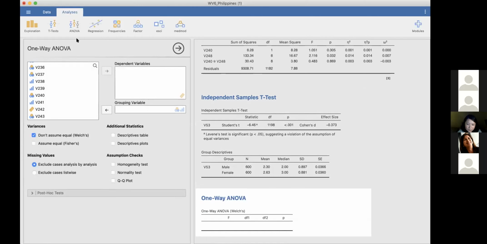Same. Question lang. Go. How do you determine what's the cutoff for each effect size, whether it's a large, medium, or small effect? Okay, so si Cohen, meron siyang binigay na suggestion on effect size. So, dali ha.